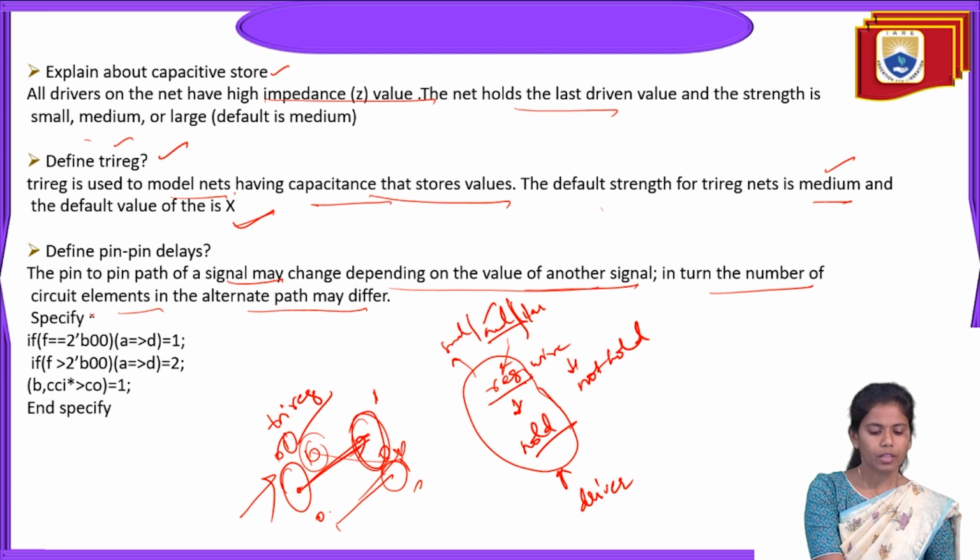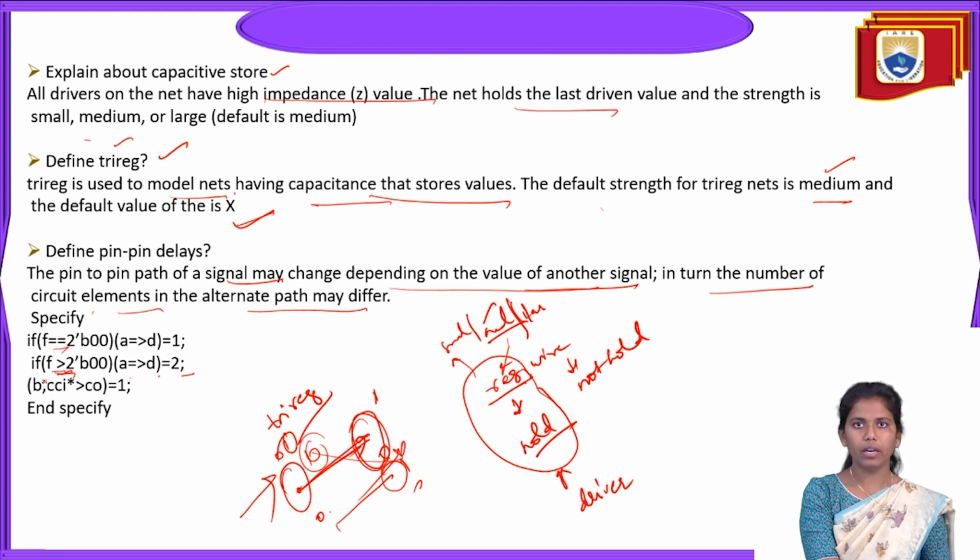Now we will see how to specify: if f is equal to 2 bit of 0, then A is D, which is equal to 1. If f is greater than 2, then A is D, 2. Here, we know this is equal to and this is 1, right? Now we will see that the input is multiplied with the output, which is equal to 1, and end specified.